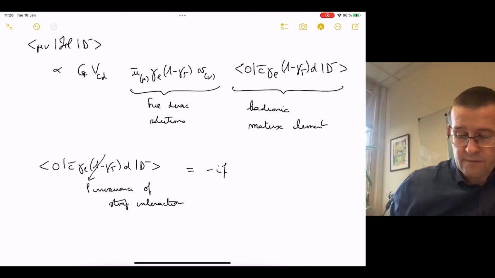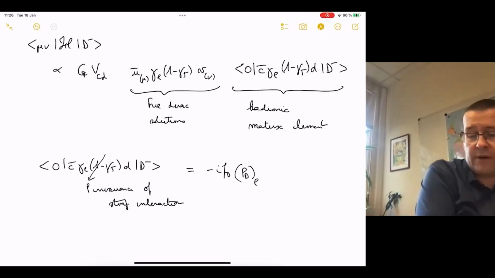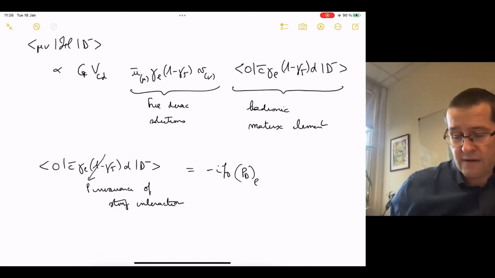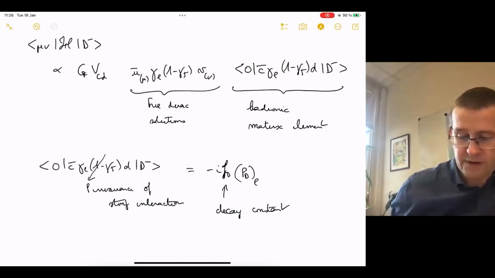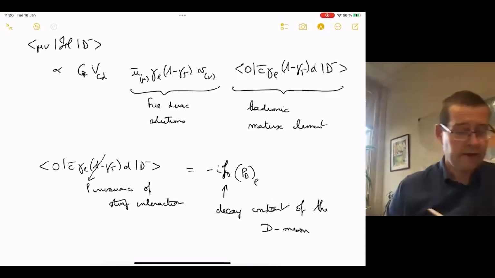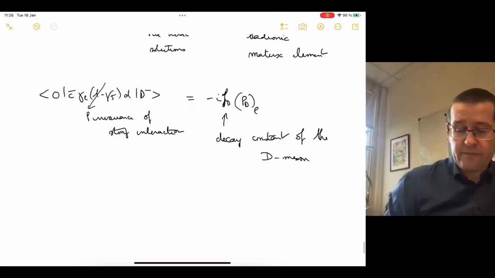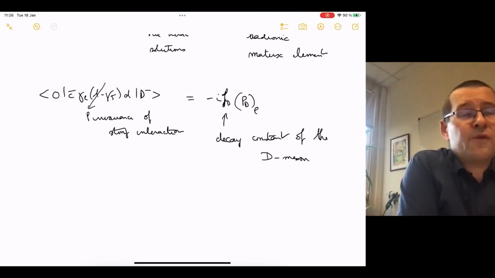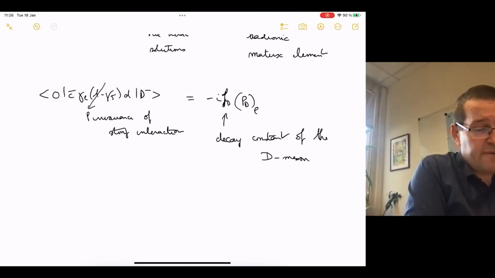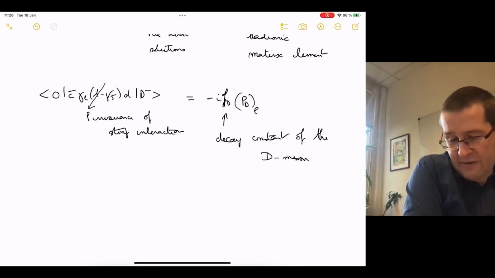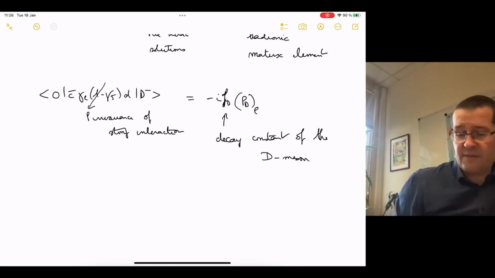So it must be proportional to the momentum of the D, with a proportionality constant that is called the decay constant of the D meson.